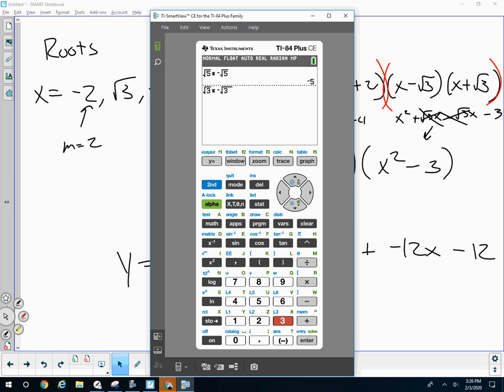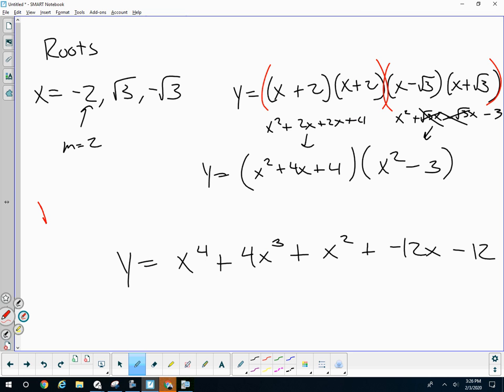We'll talk more about this next unit. Root 3 times root 3. Oh, is this a negative on the root? Oh yeah, you can't take a root of a negative. That's an imaginary number. Two ways to do this. You could say this is root 3 being squared, a square root and a square.